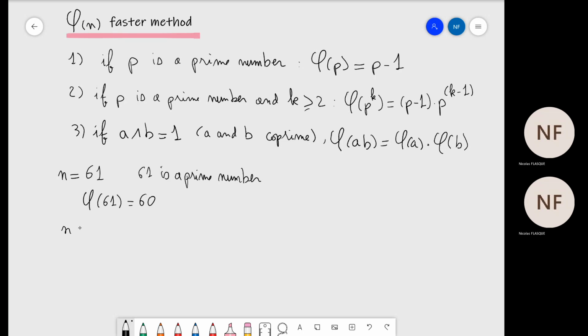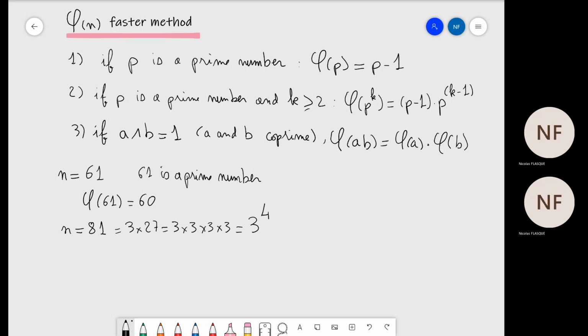Second example, n is equal to 81. So 81 is not a prime number, but it's equal to 3 times 27, which is 3 times 3 times 3 times 3, which is 3 to the power of 4.